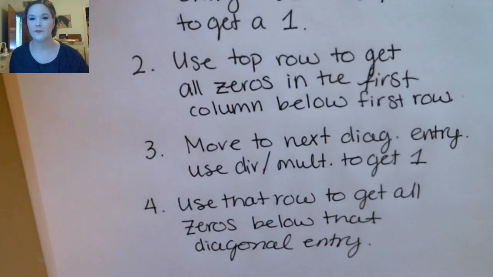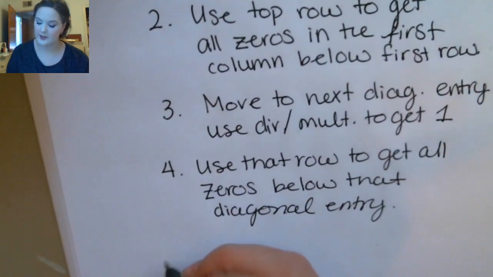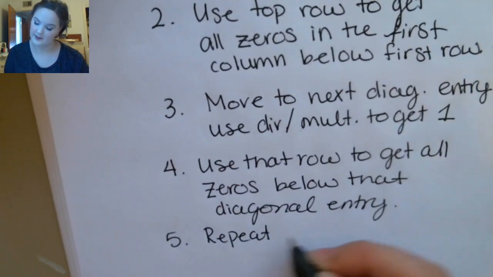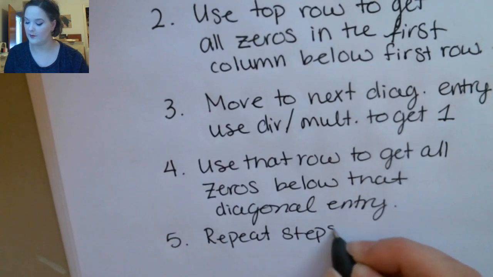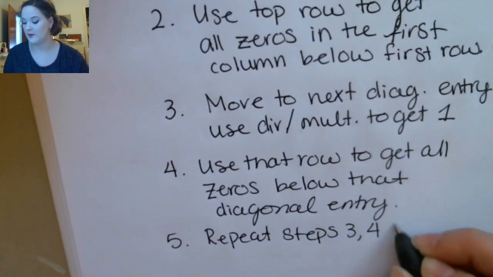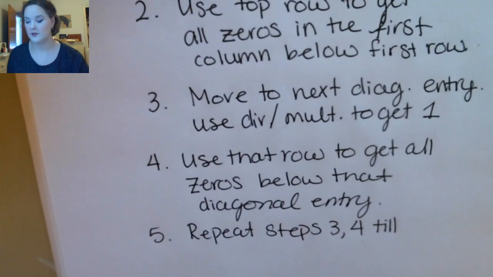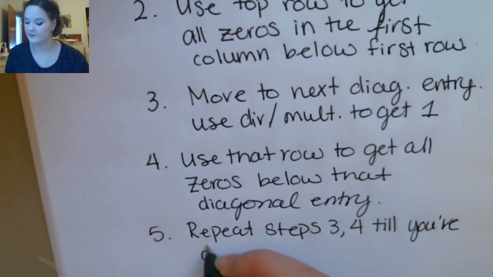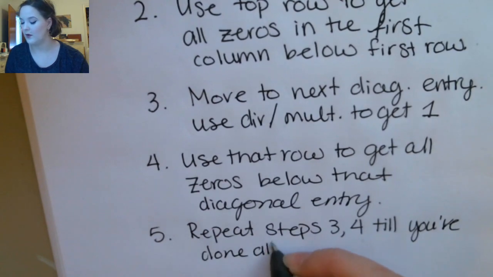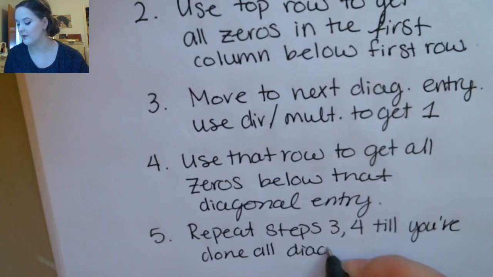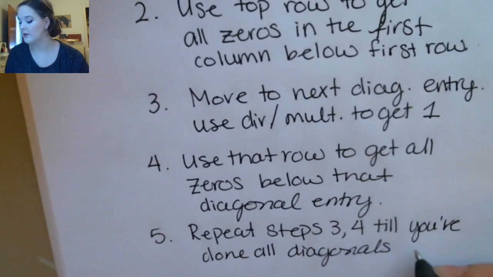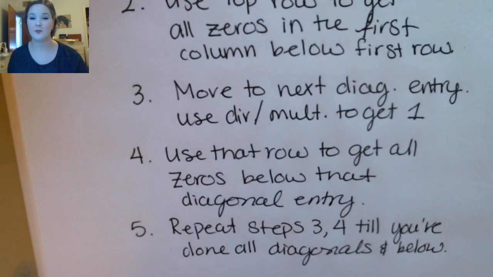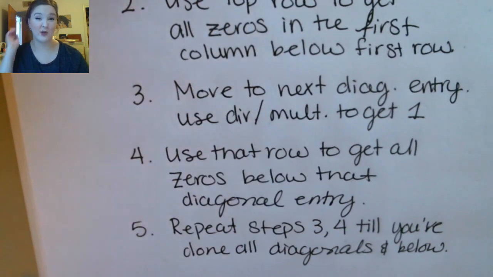Now depending on how big the matrix is, you're going to repeat steps 3 and 4 till you've done all diagonals and below. The process will naturally terminate because you'll run out of rows.